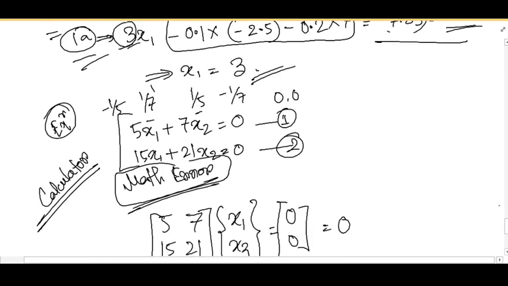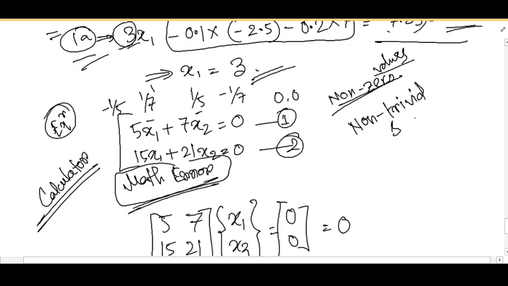But in this case, as I've said, non-zero values can be the solutions of x1 and x2, although there are multiple solutions available. But as non-zero solutions are available, that's why we say this is a non-trivial solution. Non-trivial solution means the solution of the equations where the values of variables will be non-zero.